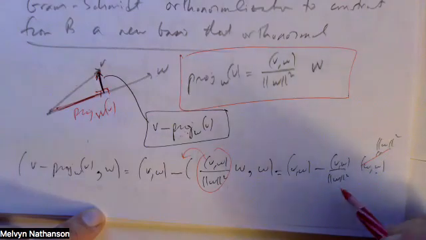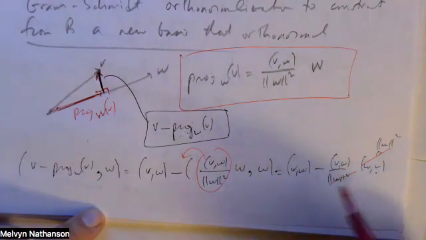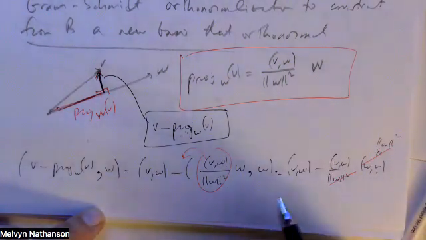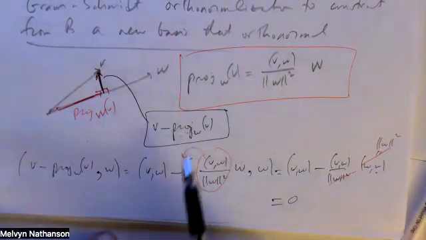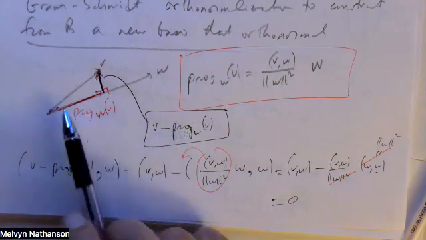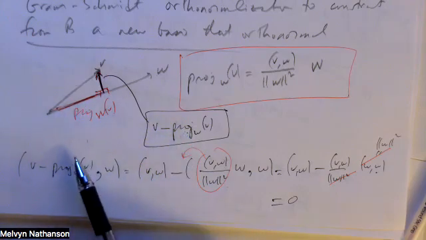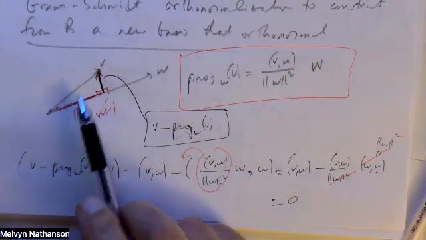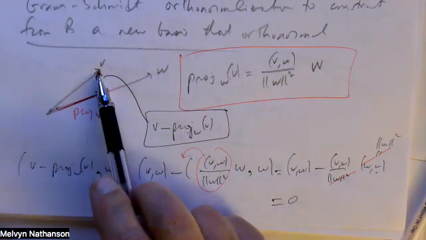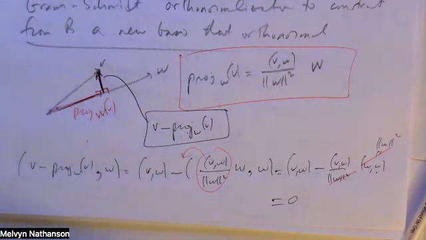So this in the numerator cancels this in the denominator. Then I have <v,w> minus <v,w>, so this is 0. So this vector really is perpendicular to w, and this vector is parallel to w. So here I've decomposed a vector into a piece parallel to w and a piece perpendicular to w.